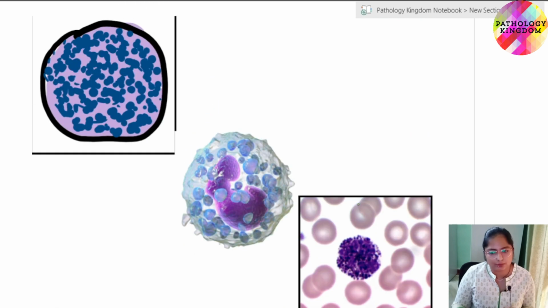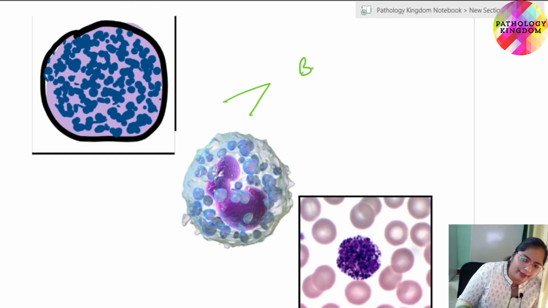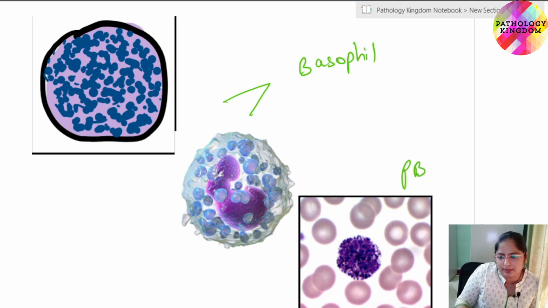This is the diagrammatic representation of basophil, and this is the peripheral blood film having basophil. As you can see, these are large, coarse, dark blue black granules, and they have obscured the nucleus. As you can see the size of granules, they obscure the nucleus.